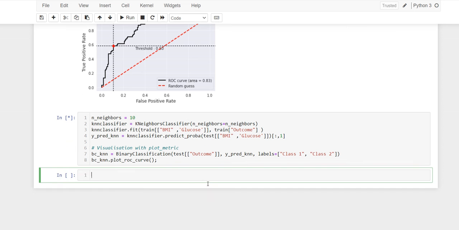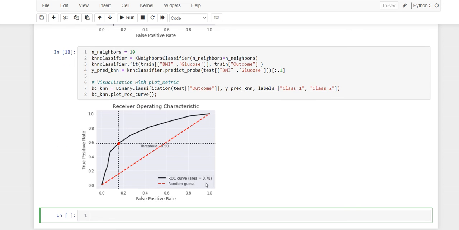I'm going to go ahead and run. And right off the bat, you can see that my AUC value is 0.78.